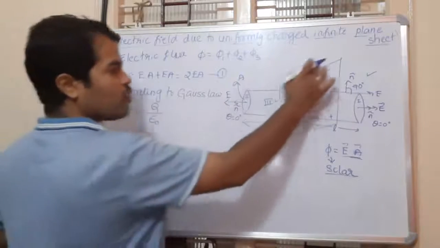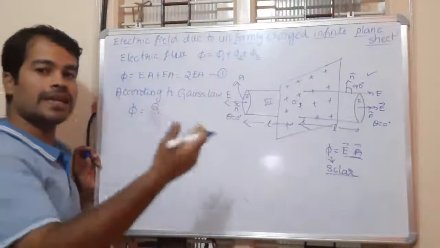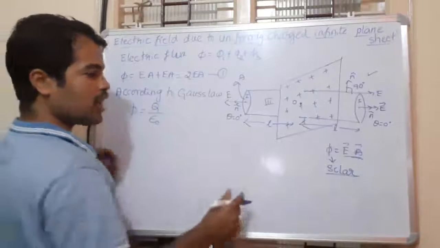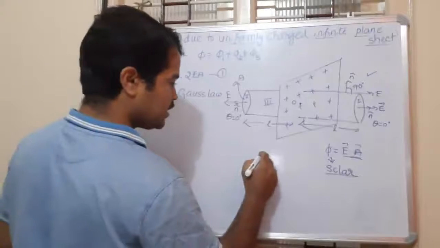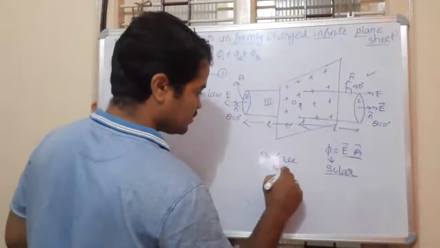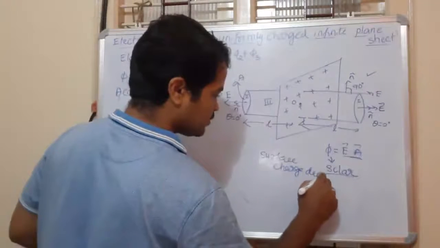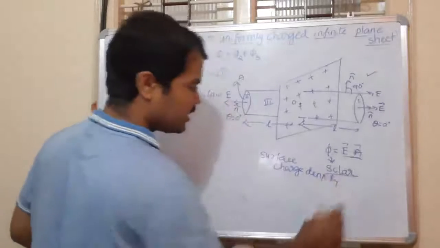Now what type of charge density are we taking? Surface charge density, or area charge density. I have discussed it already in the previous class.